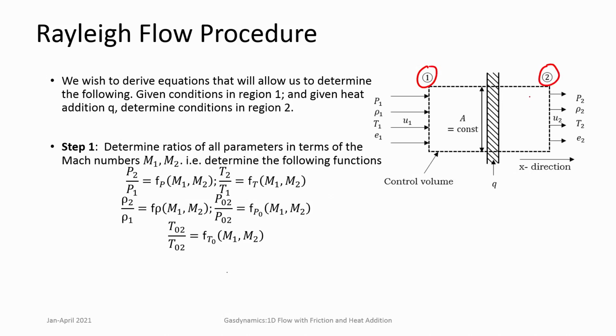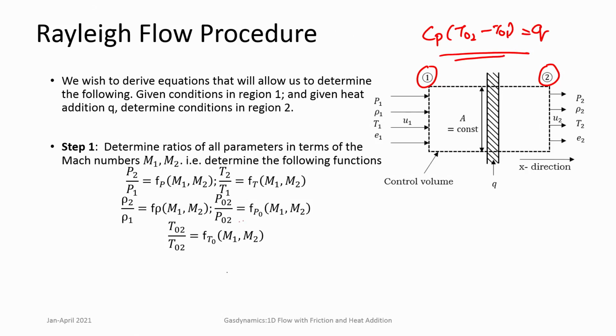So this is a typical problem. How would we go about it? The guiding principle here is that Cp times (T02 minus T01) is equal to Q.